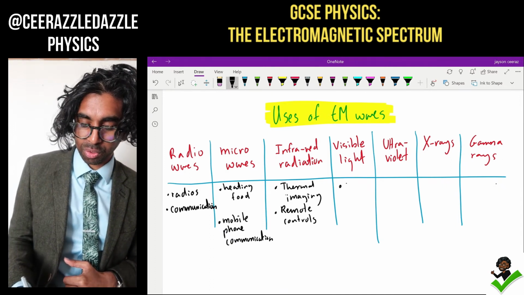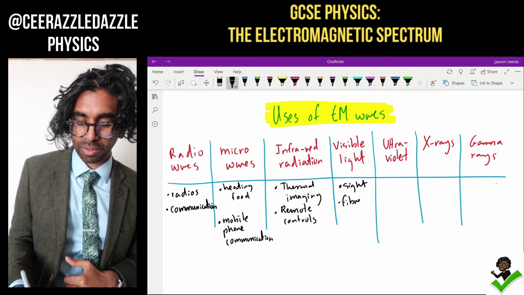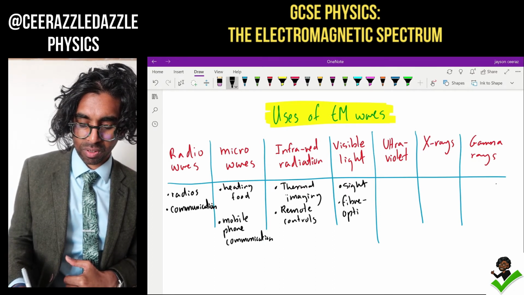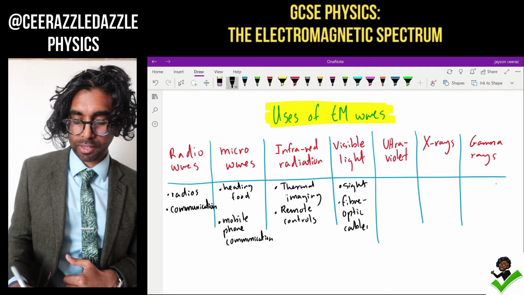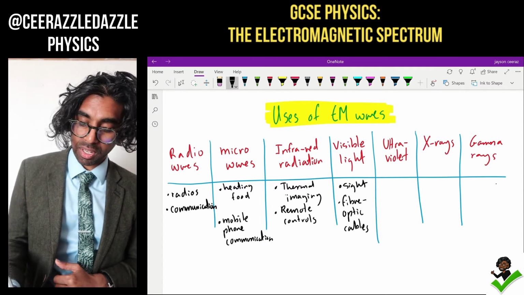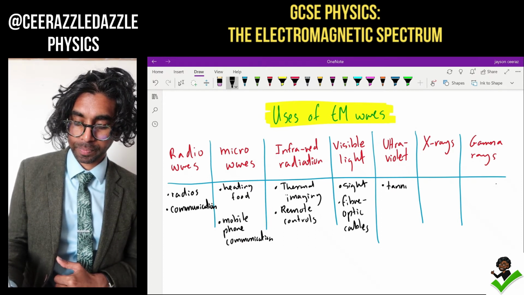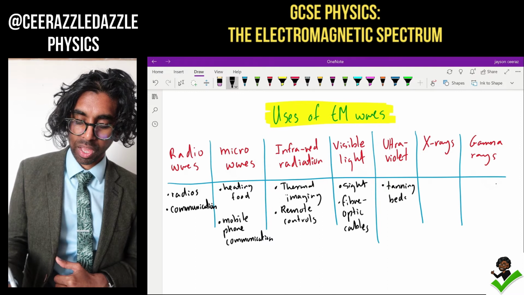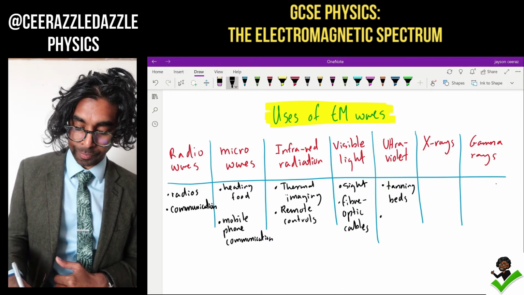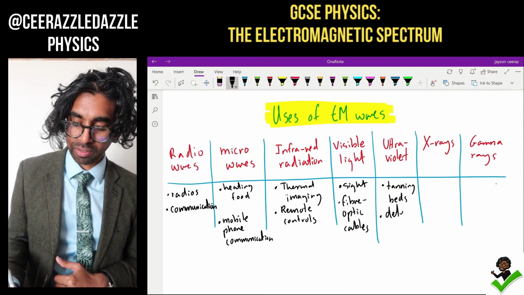It's used in normal sight and fiber optic cables. Ultraviolet is used in tanning beds, and also in detecting forgery.